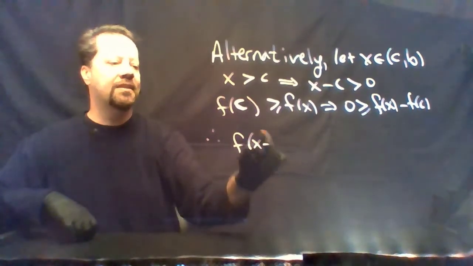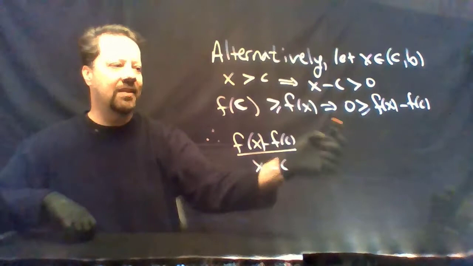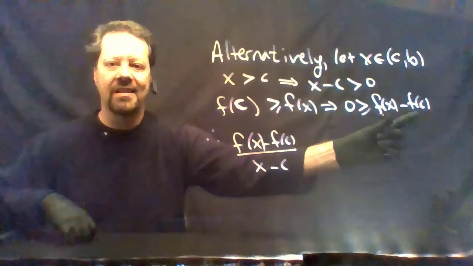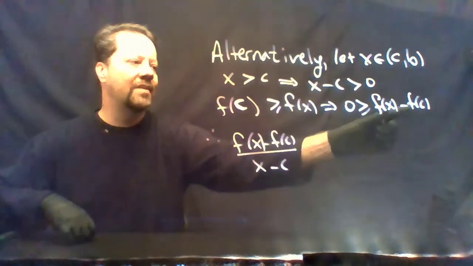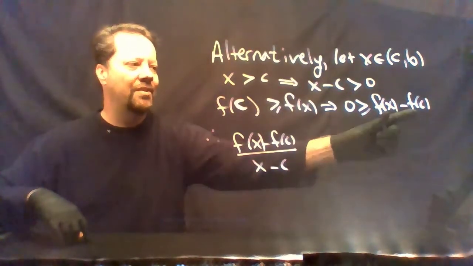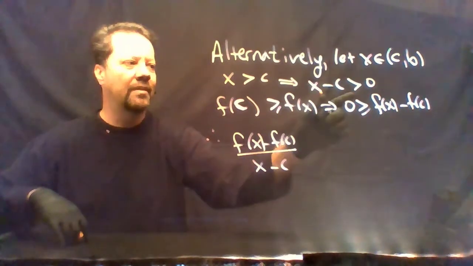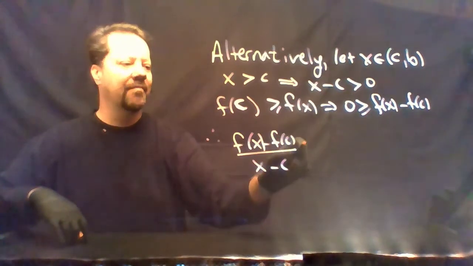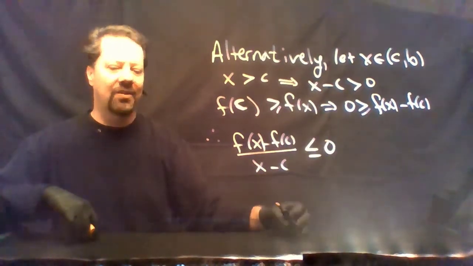So f of x minus f of c over x minus c is the ratio of something non-positive, negative or 0, and something that is negative. You have to then get something that is less than or equal to 0.